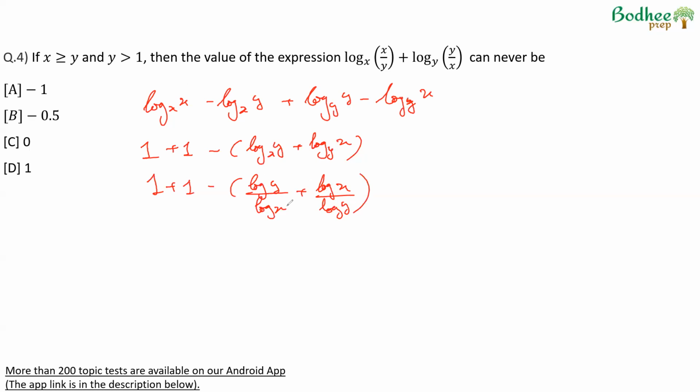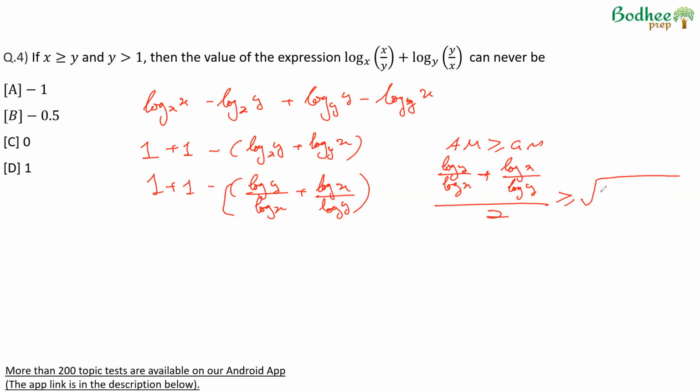Now, if we look at this expression, we can see that AM is greater than or equal to GM. So here I can say (log y by log x plus log x by log y) upon 2 is greater than or equal to the root of log y by log x into log x by log y.